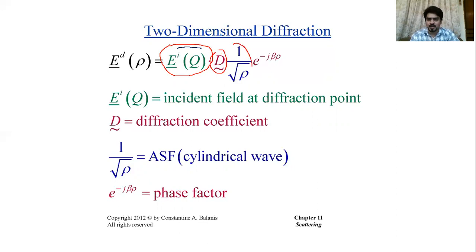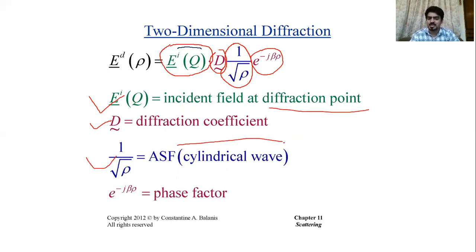Also, you will have a coefficient for the amplitude spreading factor, and then you have a phase factor. So here you can see that the incident field at the diffraction point is EI at Q. Then D is a dyadic diffraction coefficient, right? The amplitude spreading factor 1 over square root of rho is nothing but for cylindrical wave, and then e to the power minus j beta rho is a phase factor.